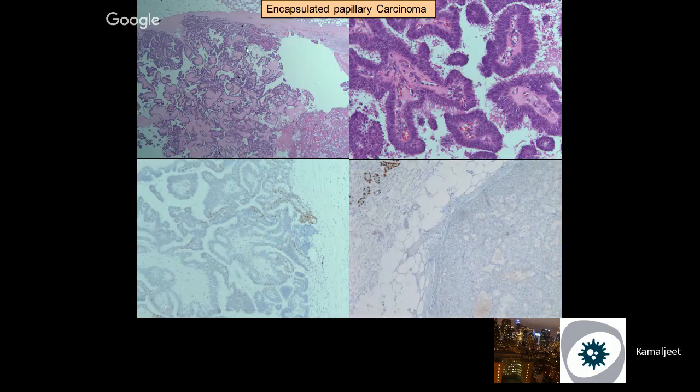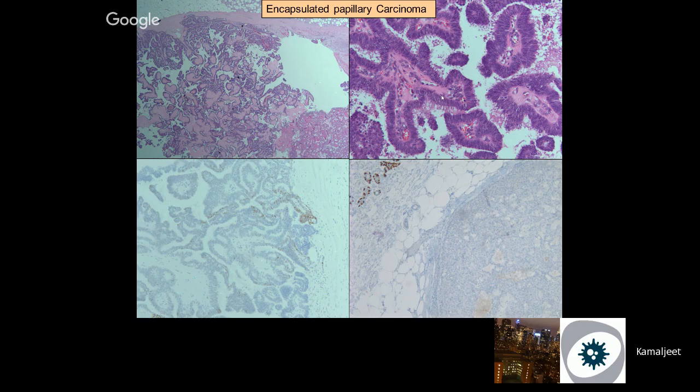As compared to SPC, the encapsulated papillary carcinoma is morphologically distinct. It has a thick fibrous capsule. The other, more traditional older term for encapsulated is intracystic carcinoma, so it can have some cystic change. If you go to the individual fibrovascular papilla, it looks like a papillary DCIS.